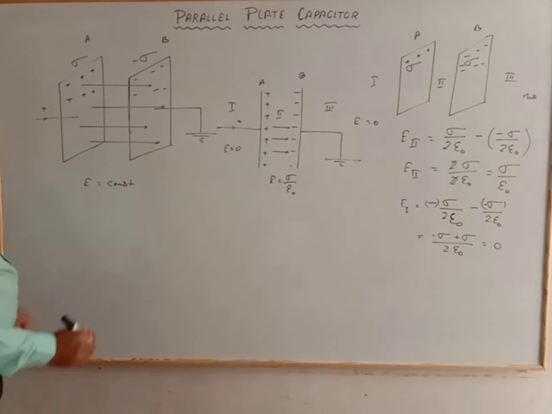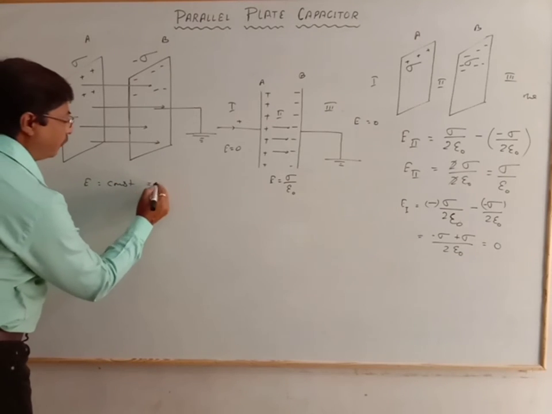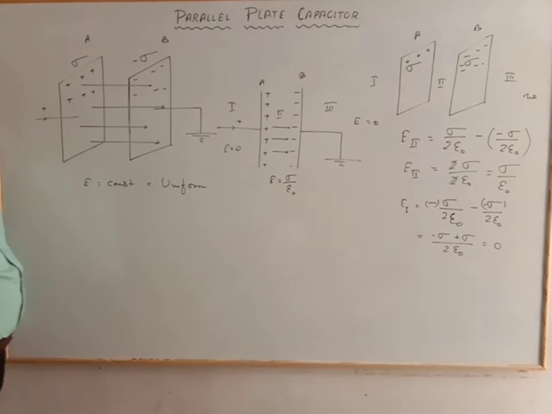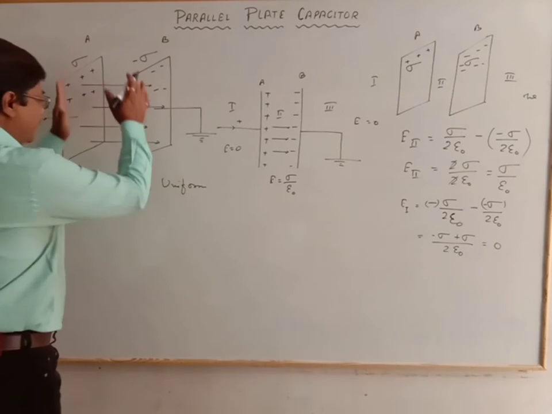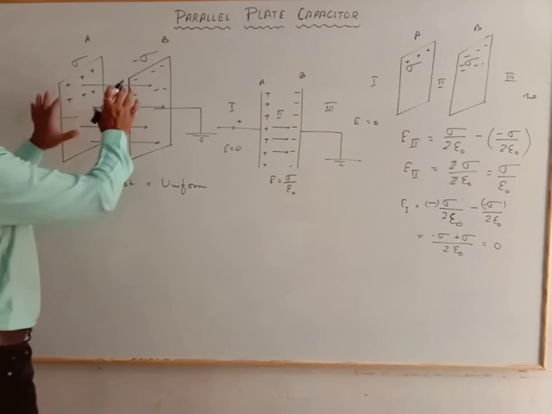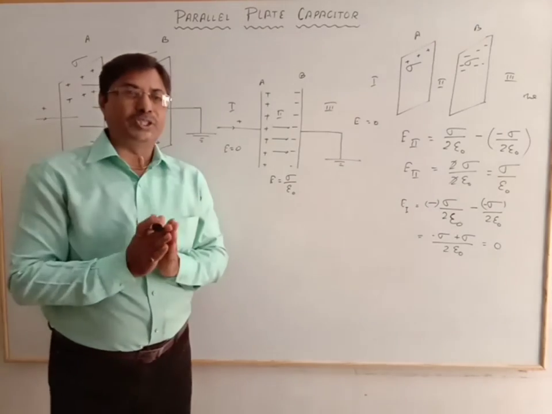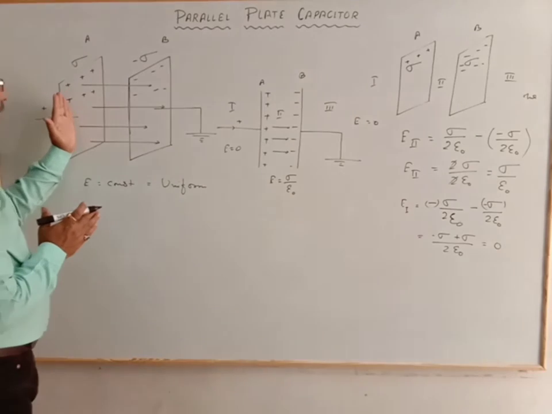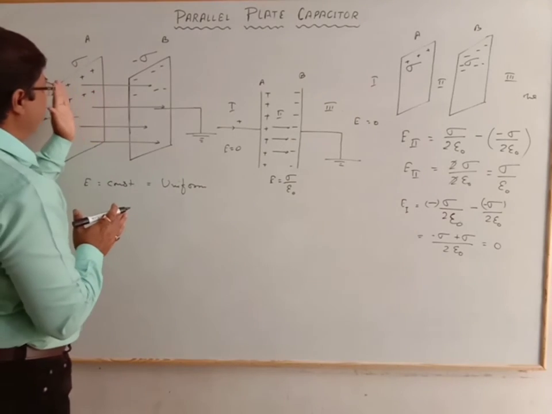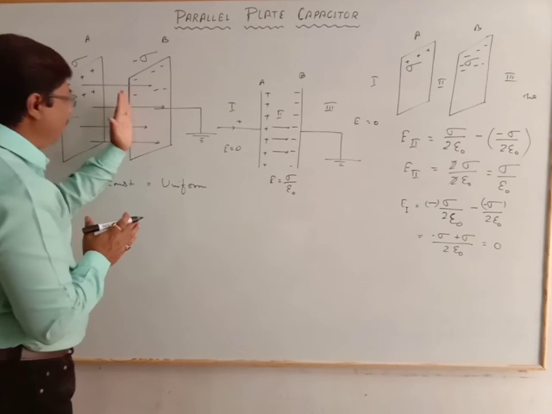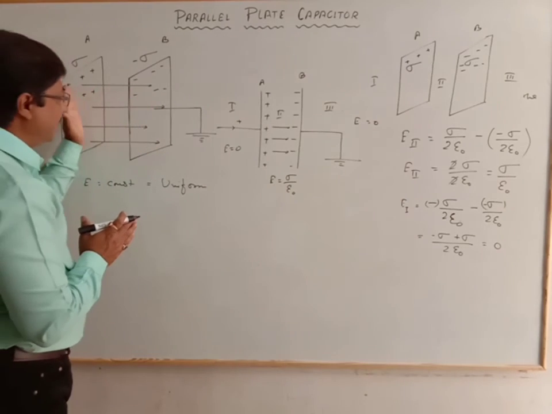That is, the electric field value is uniform. Constant means uniform. The electric field is uniform throughout. What we observe in this particular case, when the two plates are very close to each other, is that the electric lines of force go from positive to negative in a uniform straight line.